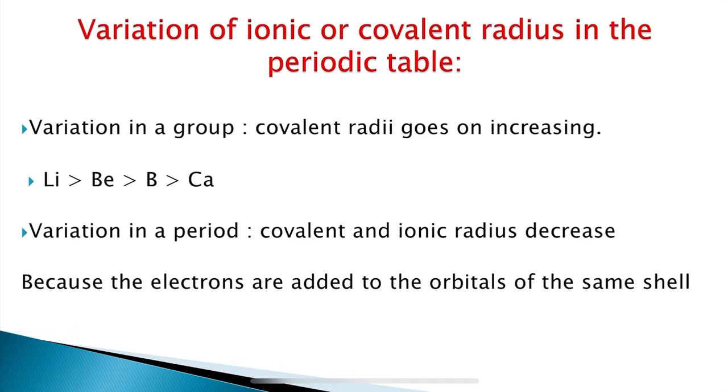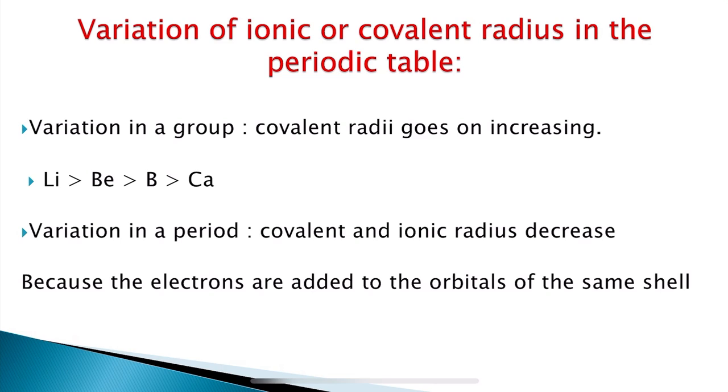Next is variation in a period. On moving along a period, both covalent and ionic radius decrease because the electrons are added to the orbitals of the same shell. That is, the principal shell remains the same here. This is very important in variation in a period: the principal shell remains the same, so the covalent and ionic radius is going to decrease.